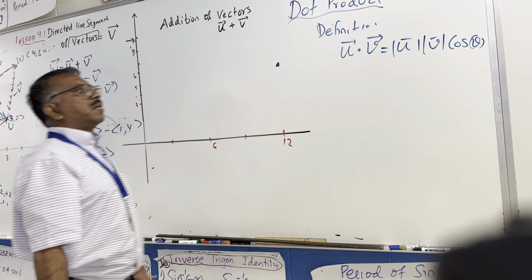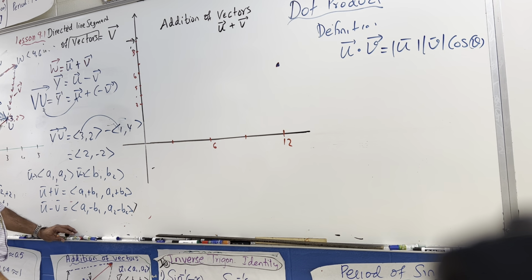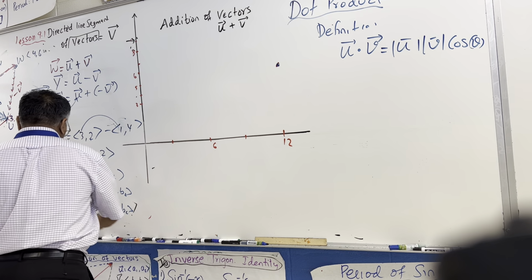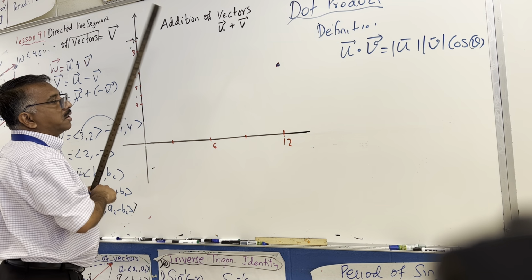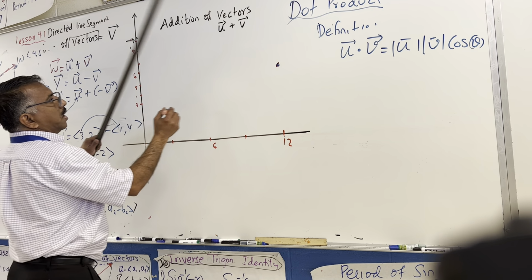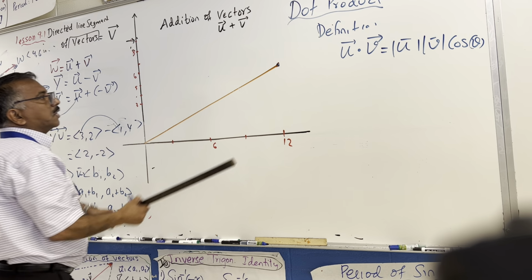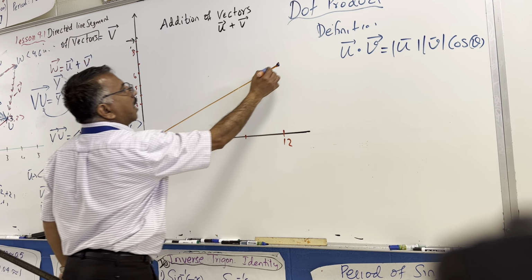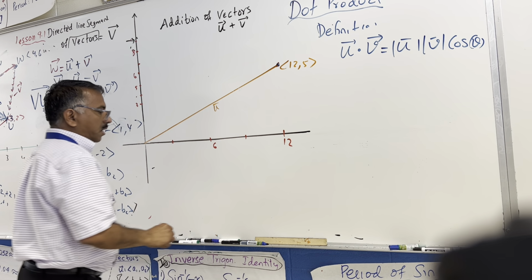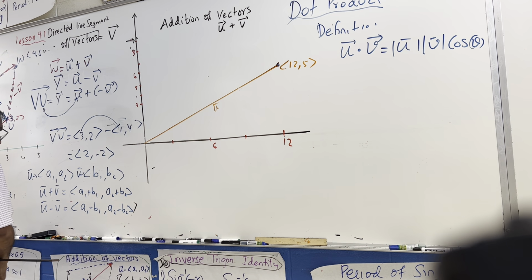So what that means is, if you have a vector, I'm going to take 12 and 5. So this is the first vector, u bar, the vector 12, 5.